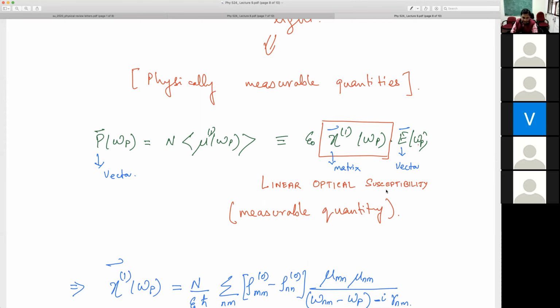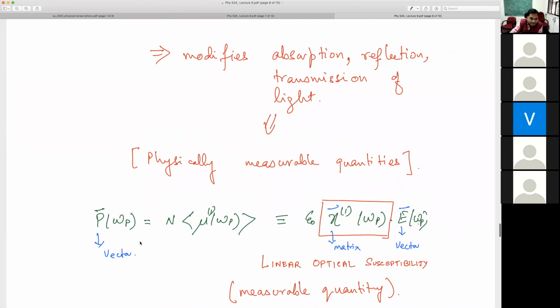Before proceeding further, I just want to highlight that remember this polarization P is a vector, right? So it's a three-component object. In this equation, E(omega_p) is also a vector, so it is also a three-component object.